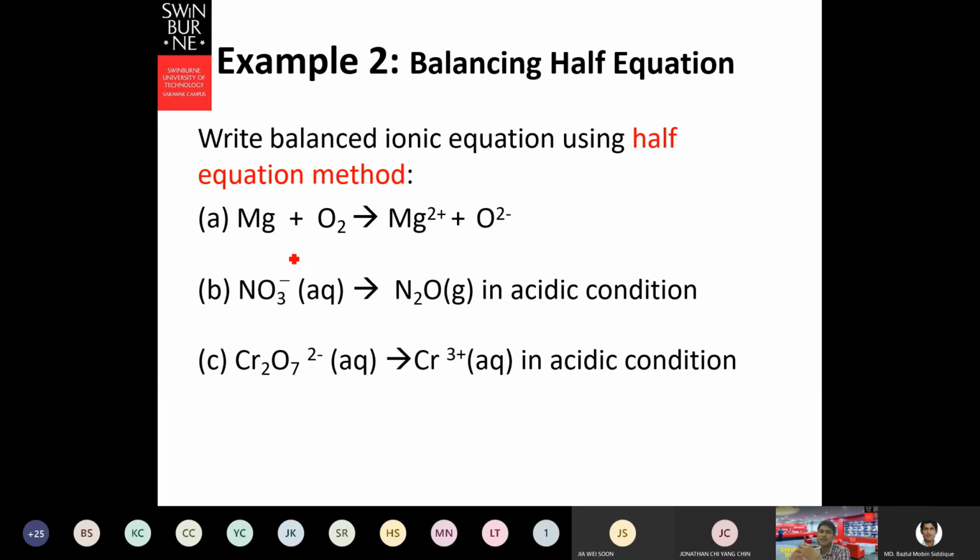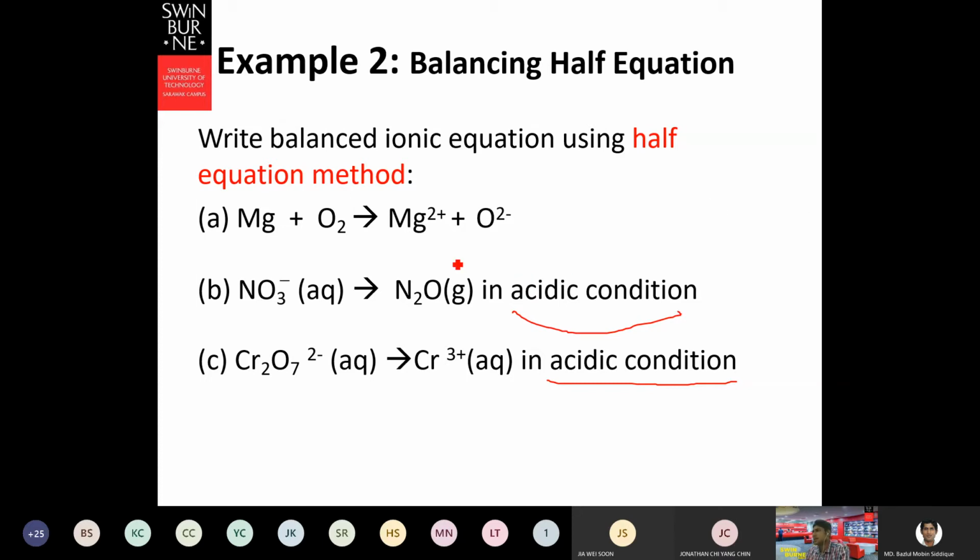Hydrogen will be balanced in acidic condition, because acidic condition means there is more hydrogen or proton, since we have already seen that an acid is something that can give a proton or hydrogen ion. So when it says acidic condition, we already know there are many more hydrogen atoms or protons.